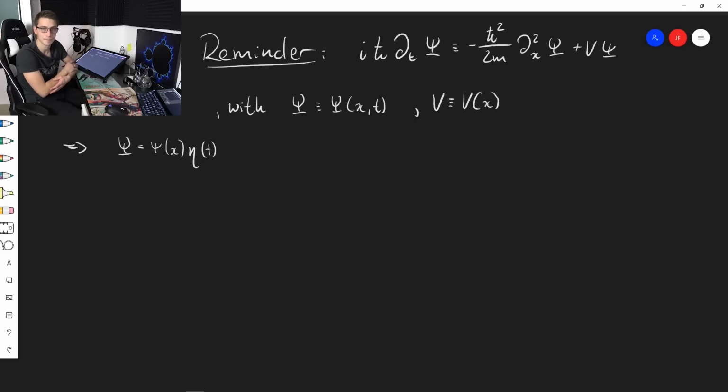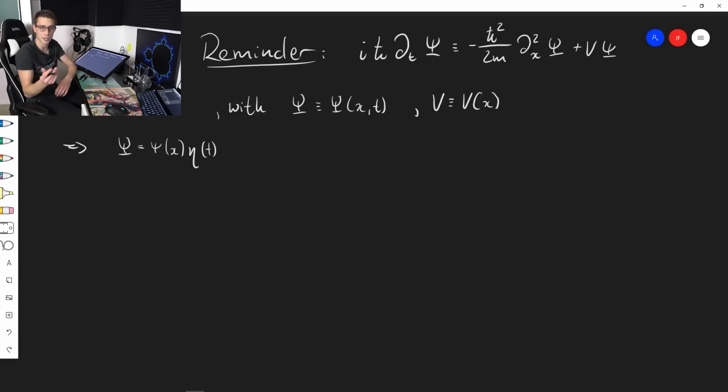Like mentioned before, we already said, okay, the trivial solution is part of the set of solutions to each and every Schrödinger equation that we're having up here. So we are going to assume that our capital psi is not equal to 0. Under the assumption that, for example, small psi and eta are complex variable functions, then we can assume that both of them are not equal to 0.